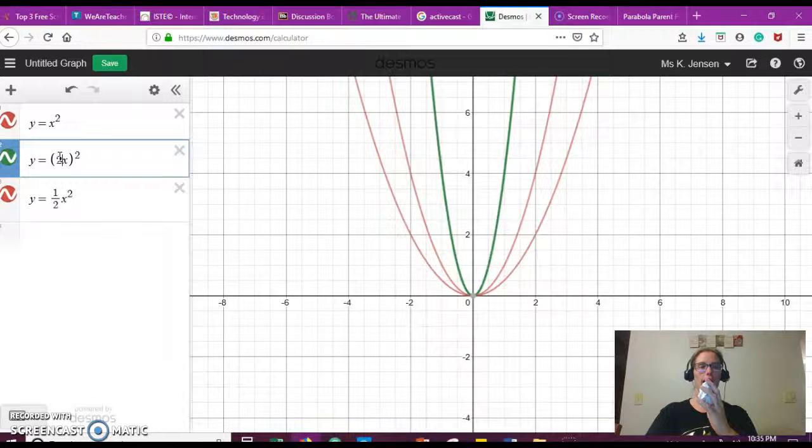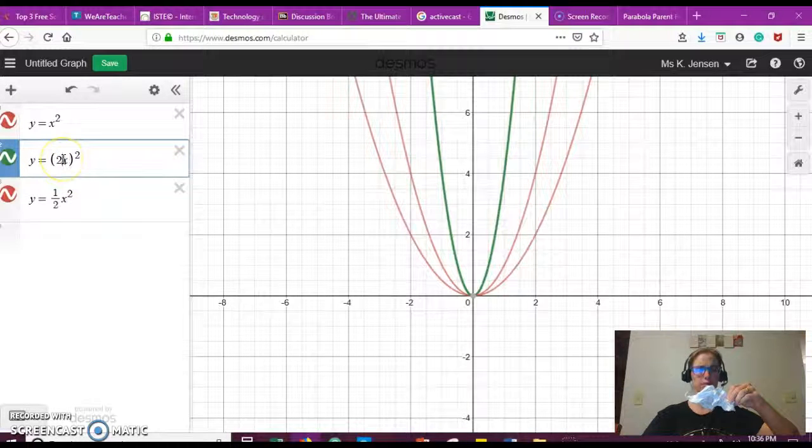If it's a fraction, like a half, then that's a horizontal stretch because we're stretching it out horizontally. We're making it longer. So if I said it backwards, the green one is a horizontal compression.